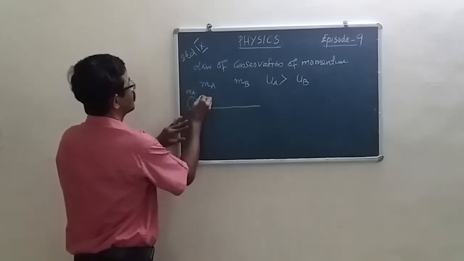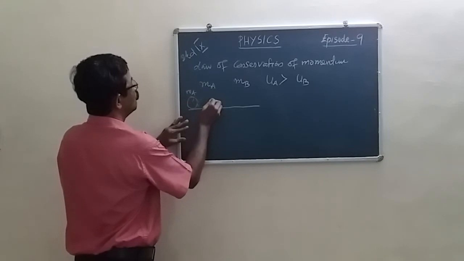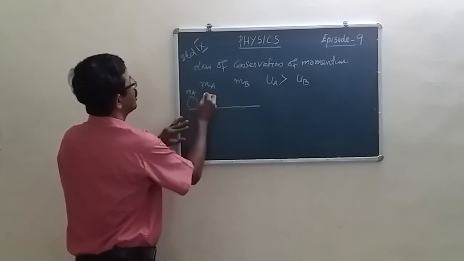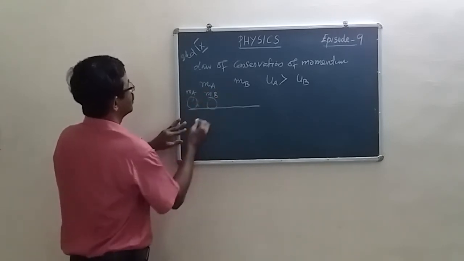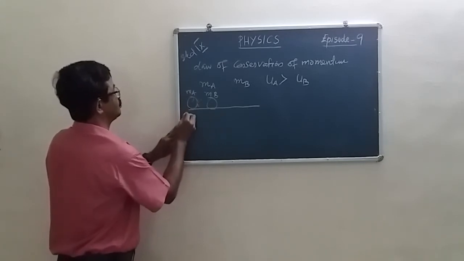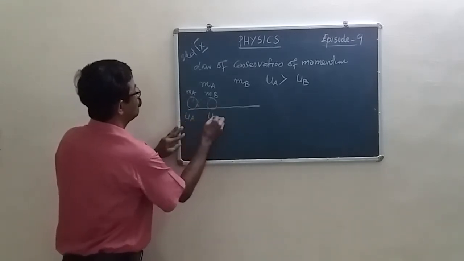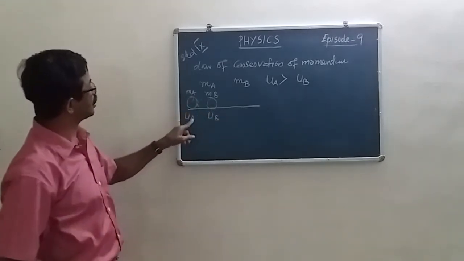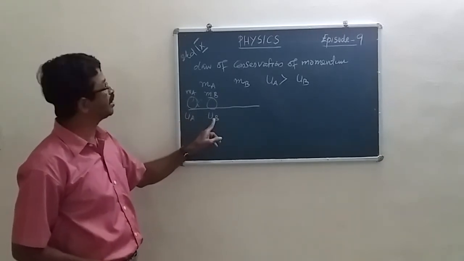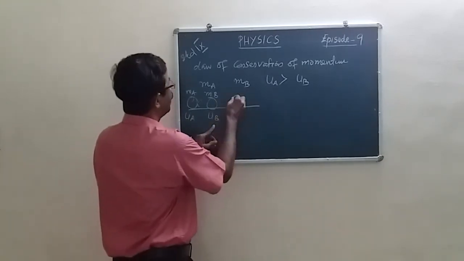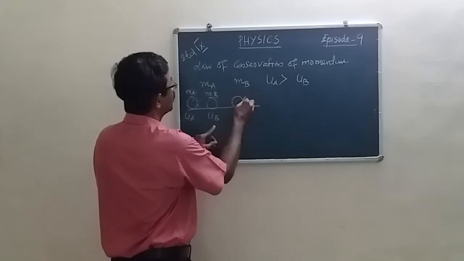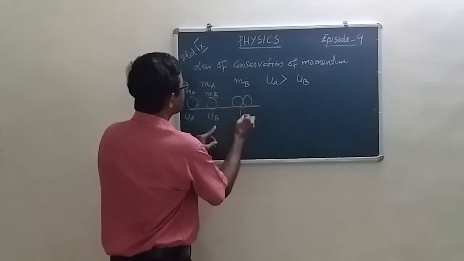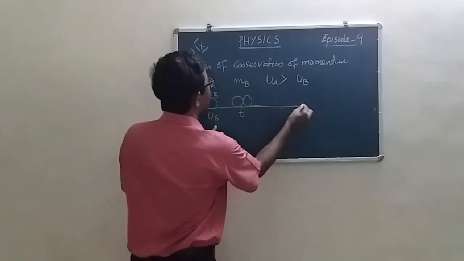See, this is MA, and this another body is MB. See, this is UA, UB. Now this UA is greater than UB, so these two collide after some time. Let T be the time taken for collision.